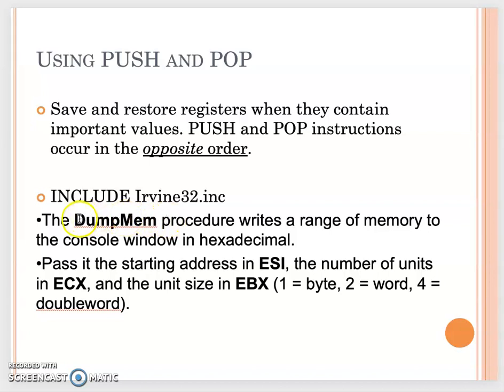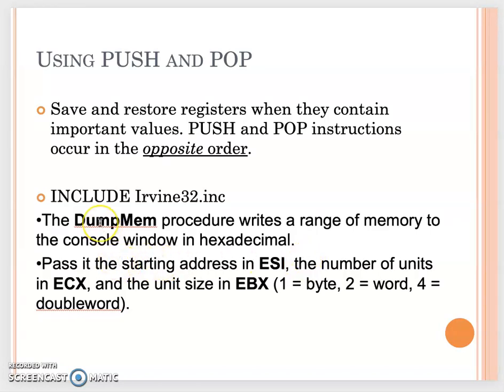But now, if you call the DumpMem procedure, it will write a range of memory to the console window in hexadecimal. You just need to tell it which array you want to see, how many elements are in the array, and whether the array is 1 byte, 2 byte, or 4 byte. Then it will display the result in the console.